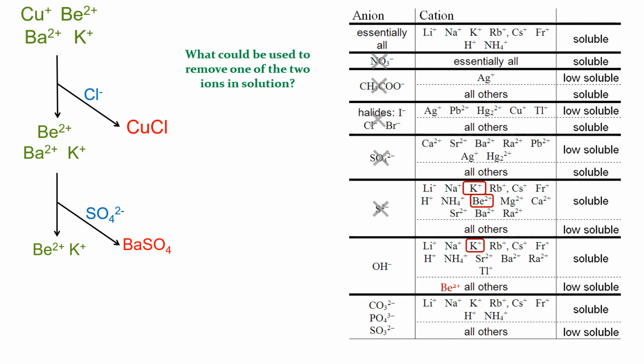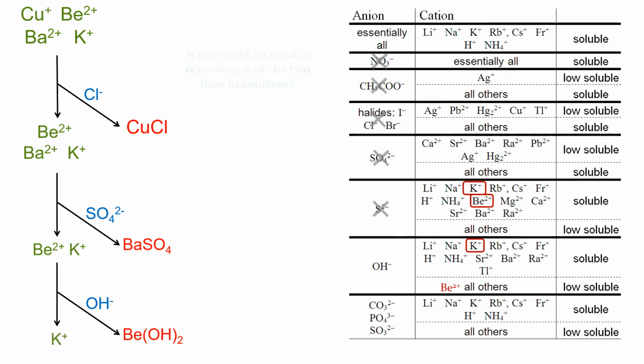So that means if I add hydroxide, it will form a solid with the beryllium cation. So I'll draw my arrows. I'm adding hydroxide. It's going to form a solid with beryllium, so Be(OH)2, and K+ will remain in solution. My flowchart is complete.